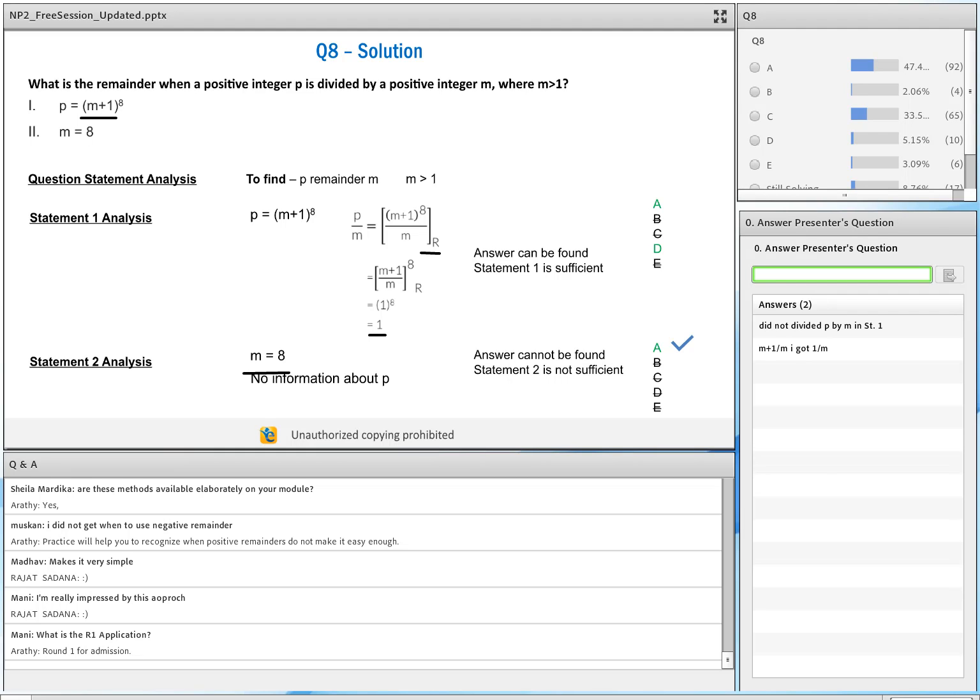Okay, you got 1 by m, so the remainder is 1 because m is greater than 1. Remember, that's given to us. Again, that's what we did. For those of you who didn't realize the remainder would be 1, Akshay, isn't that what we did in product of two numbers?